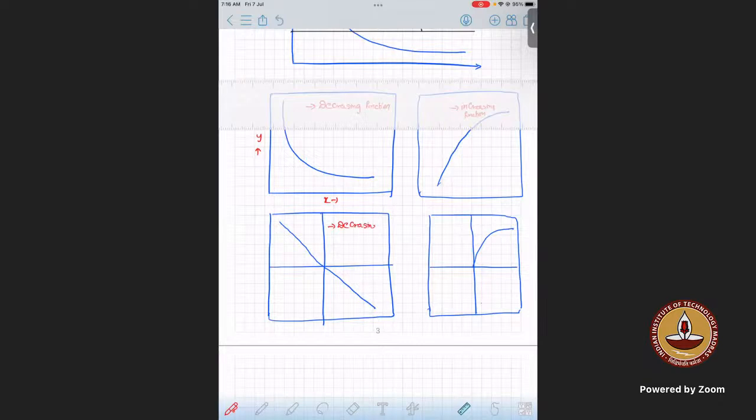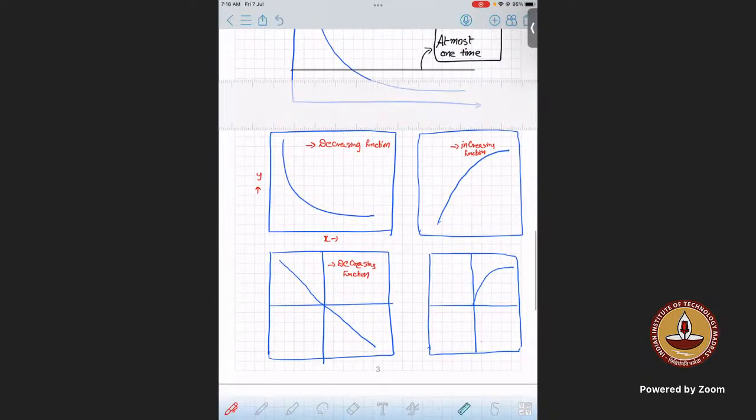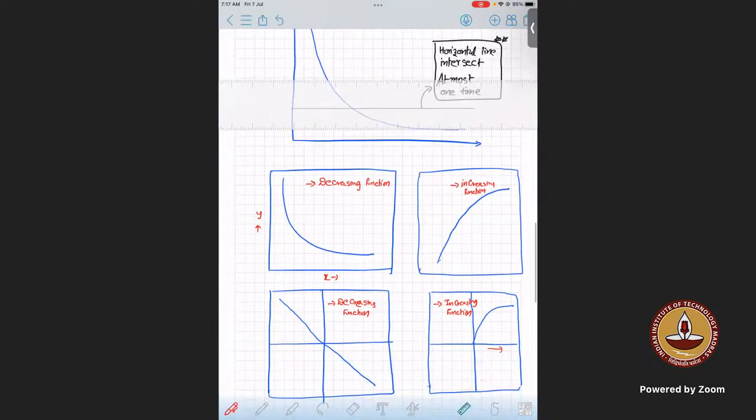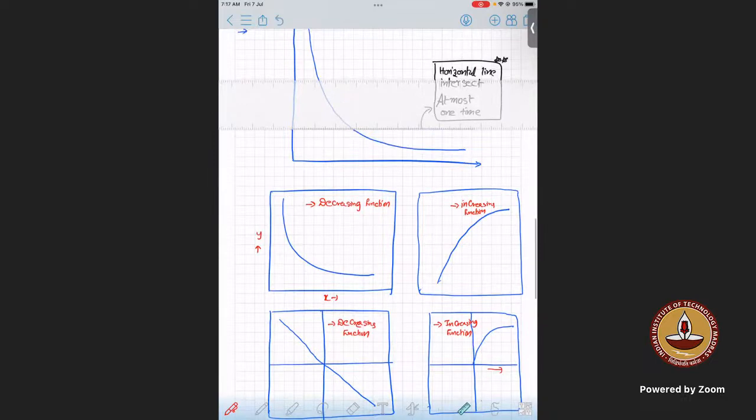And this is an increasing function. Listen to this carefully. If any function is decreasing or increasing, you can say the function is 1-1.